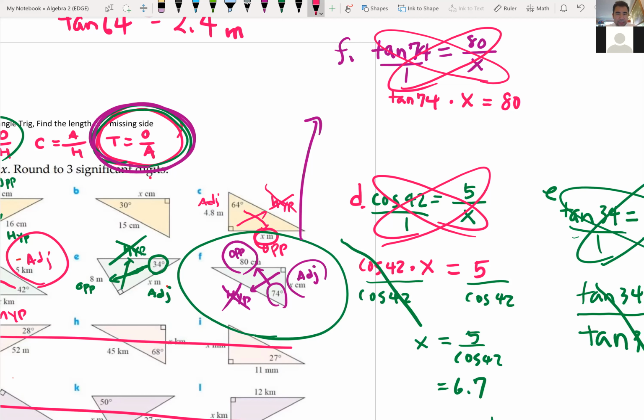Since we want to solve for x, we need to divide both sides by tangent of 74. That cancels out. So x equals 80 divided by tangent of 74. And I get, what did you guys get? 22.9 centimeters.